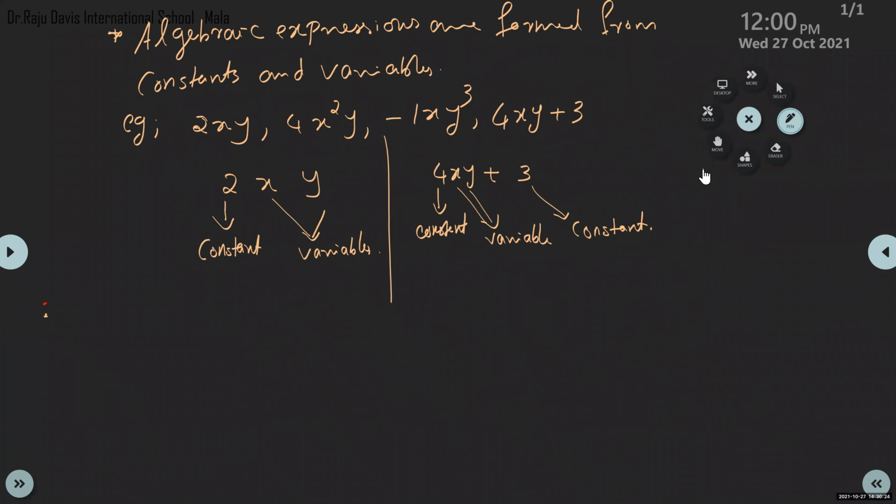Next one, the value of an expression changes. Next point.